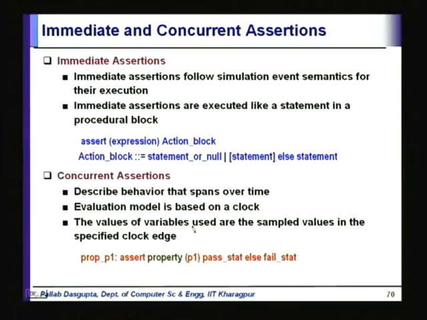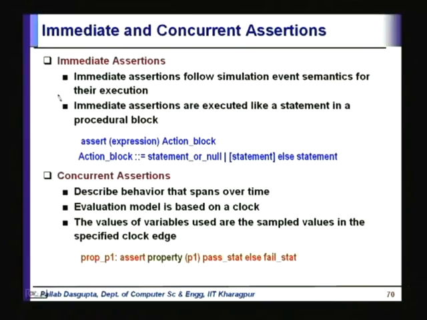There are again two types of assertions that are used in SVA. The ones that we have been studying so far are called concurrent assertions, but you can also write immediate assertions. Immediate assertions are assertions which are plugged into the test bench code. Within the code of the test bench you can write assertions, but immediate assertions do not support the temporal operators or any of the sequencing operators.